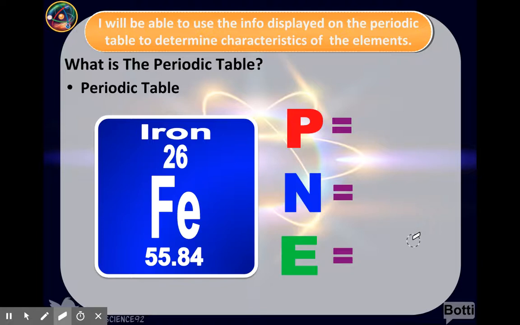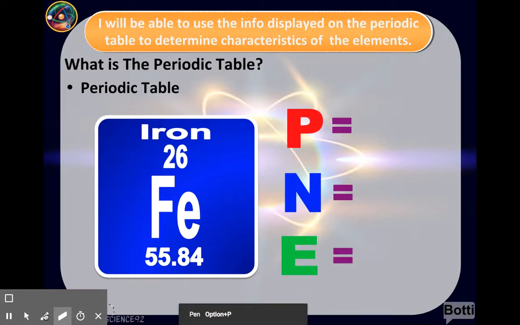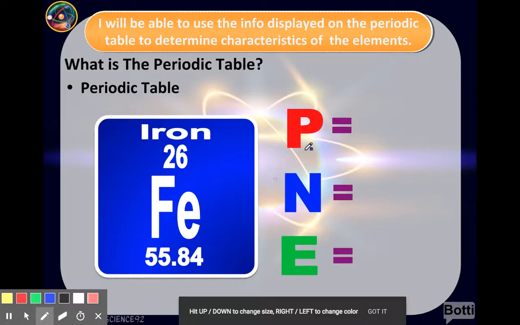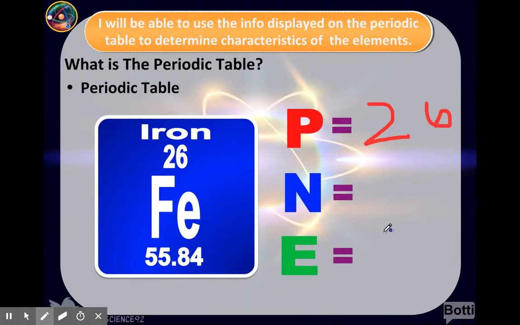All right, so now we are looking at iron. Iron is not going to be quite as neat as the previous two. So iron has 26 protons because we know that it has an atomic number of 26. So we're going to go ahead and write that down. That's not very neat, but it'll work.